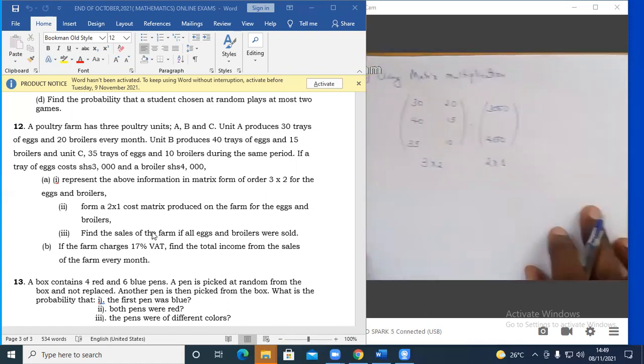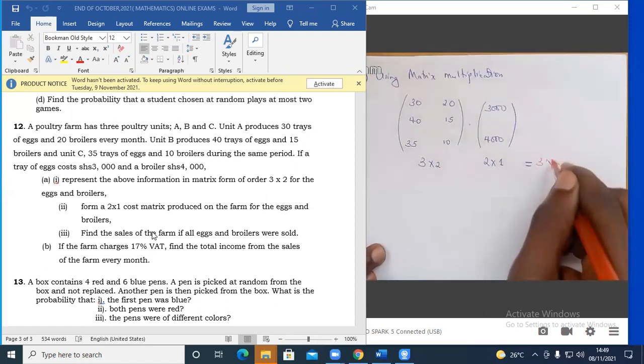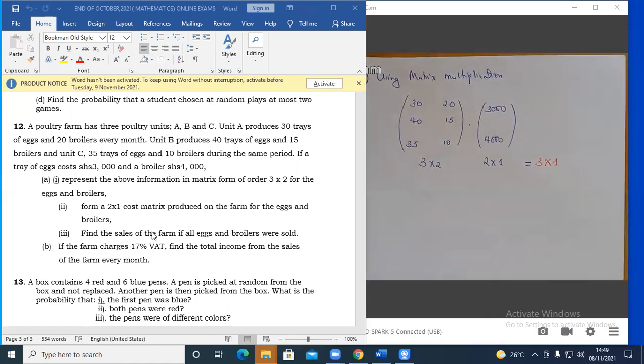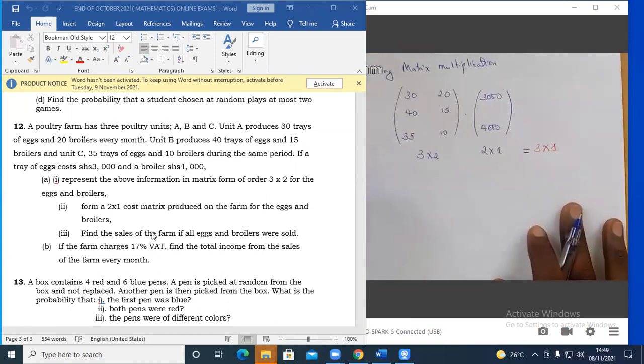So what will be the order of the final answer? 3 by 1. So let's go ahead and multiply.